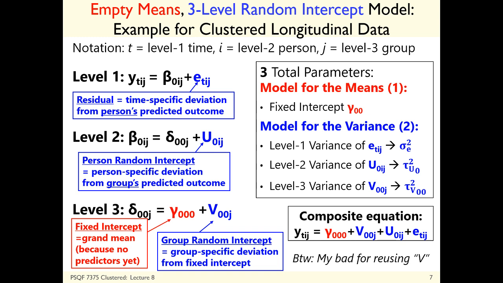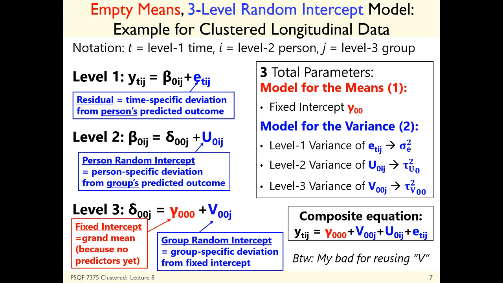So if you wanted to write this same model in a straightforward single line version, the composite equation is right here. So it has one fixed effect, gamma 0, 0, 0, the fixed intercept, the mean of the group means, plus how far off your group is, plus how far off you are from your group, plus how far off today is from your mean.